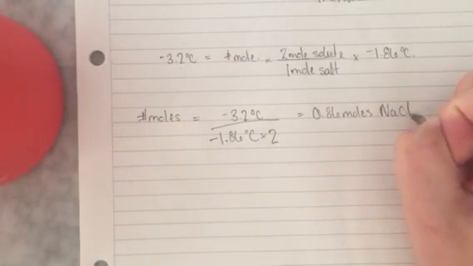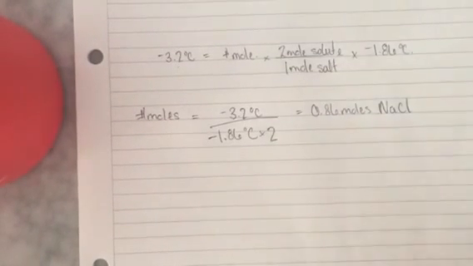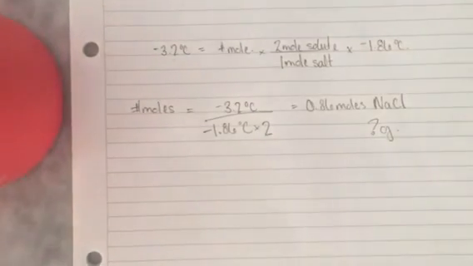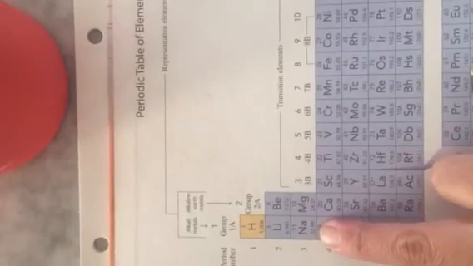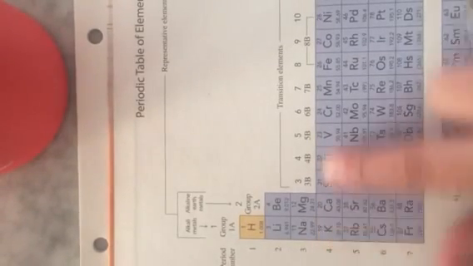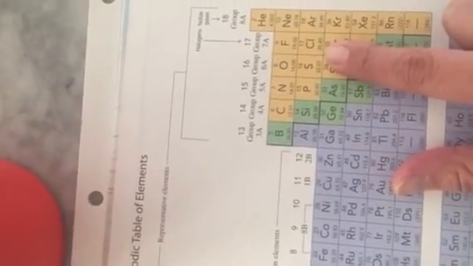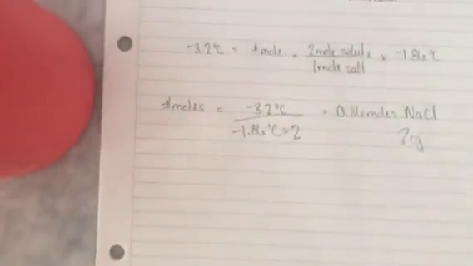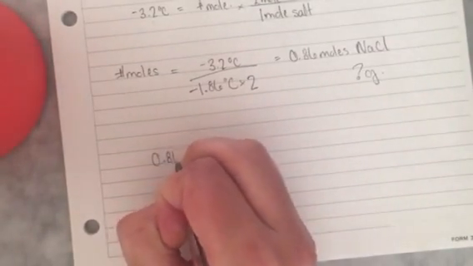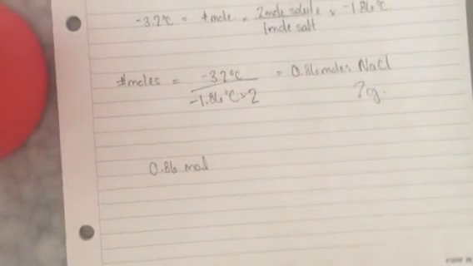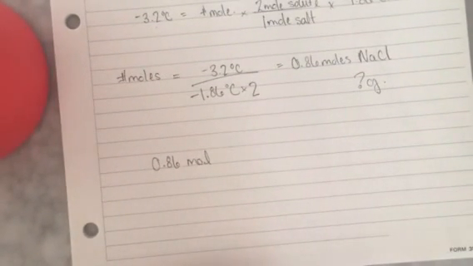of NaCl. And then how do I get to grams? With my atomic weight, which I'm going to look up really quick. Looks like sodium is 22.99 plus 35.45 would be 58.44. And I want to be in grams.